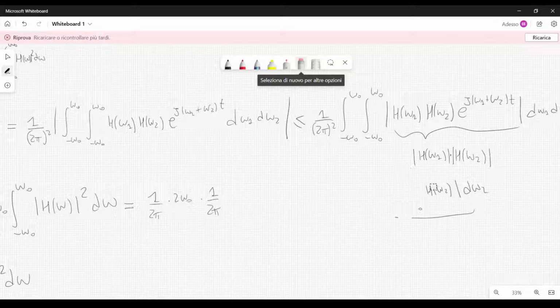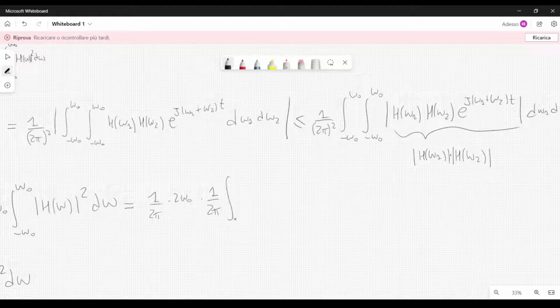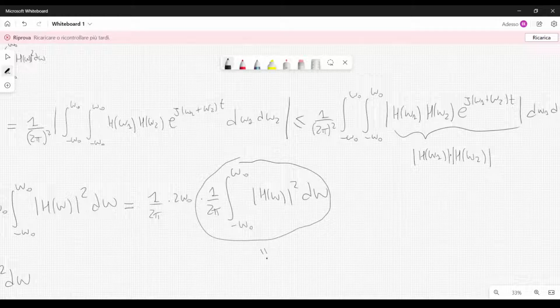I think that this is enough. Here we have the integral from minus omega naught to omega naught of mod of h of omega squared d omega. But now, what is this? This is simply the energy of our signal that I called E. And therefore, this is equal to omega naught over pi times E.